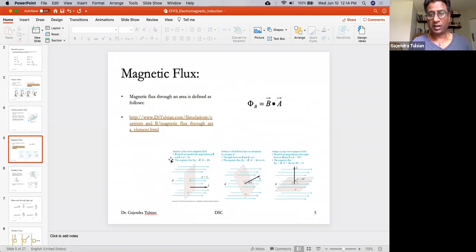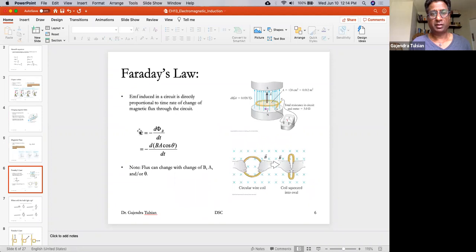This is summarized by Faraday's law. The induced EMF is equal to the negative of the time rate of change of magnetic flux through a loop. So the induced EMF in this loop, for instance, is equal to the time rate of change of magnetic flux through that loop. Now there are several ways of changing the flux through a loop.